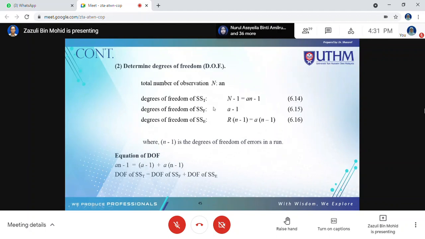So we have the rest of the formulas for the degrees of freedom for the SSF and SSE. We can rearrange it in the next equation for the DOF, whereby an minus 1 is equal to a minus 1 plus a times n minus 1.